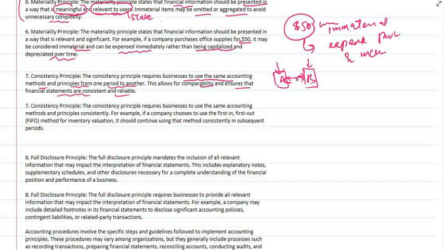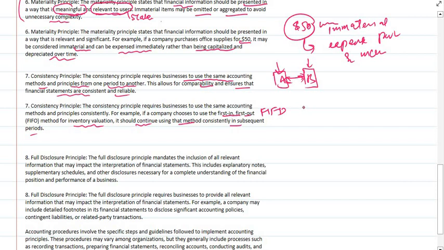So according to this concept, the company should use the same accounting methods and procedures from one period to the next, and this principle ensures that financial statements are comparable over time and makes it easier for the financial statement user to analyze trends. Let's have a look at an example. For example, a company chooses to use the first in first out, called the FIFO method, for inventory valuation, and it should continue using that method consistently in subsequent periods.